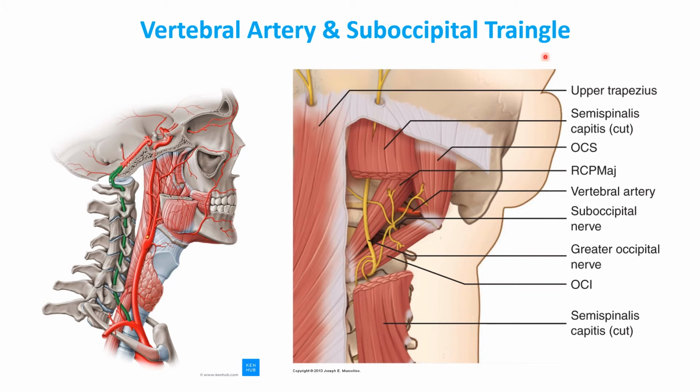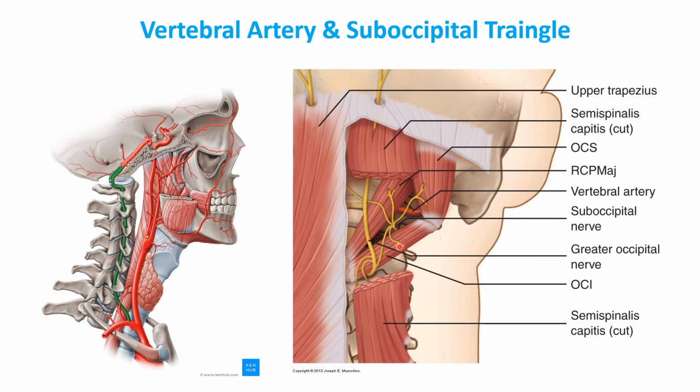The suboccipital triangle is made up of structures which are present between the occiput and the axis, lying at the back of the neck, deep to the trapezius and the semispinalis capitis. The triangle itself is made up of these small muscles which are running between axis and atlas and the occiput, or from the axis directly to the occiput.